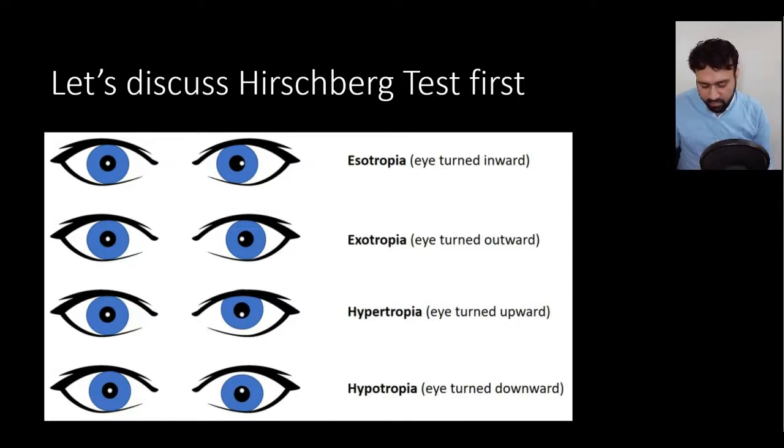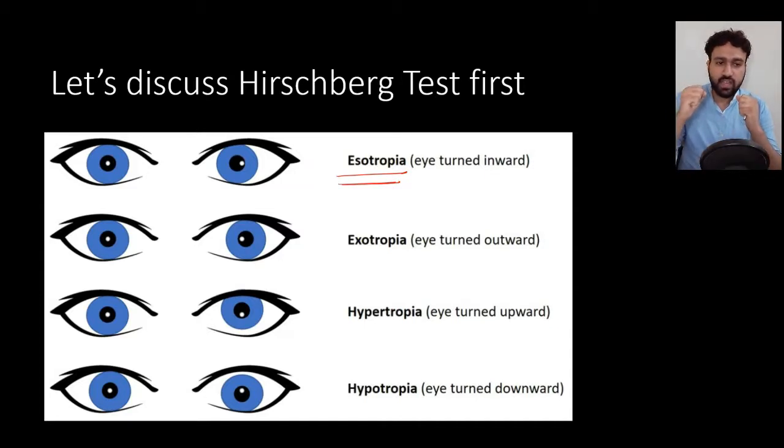For example, let's say the left eye is in esotropia, which means it's moving inwards or nasally. In that case, the corneal reflex will move towards the temporal side of the pupil.